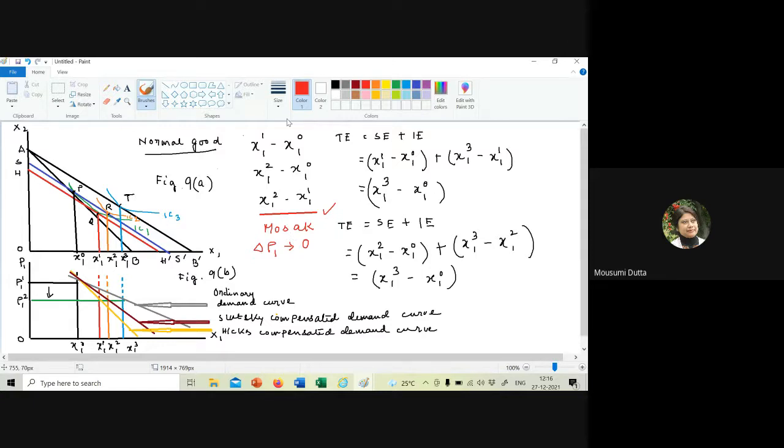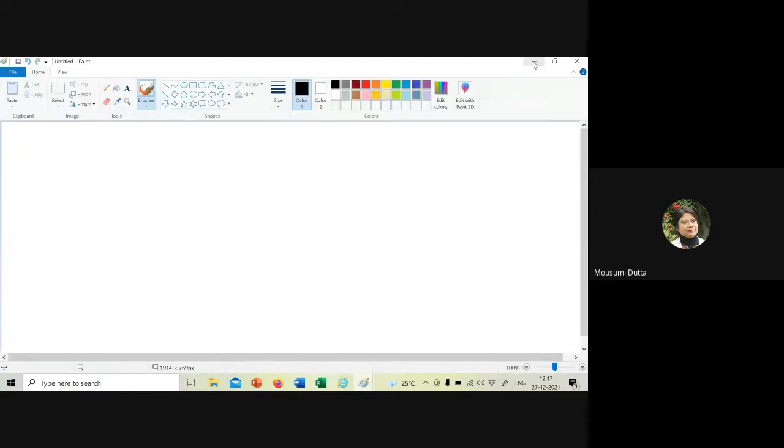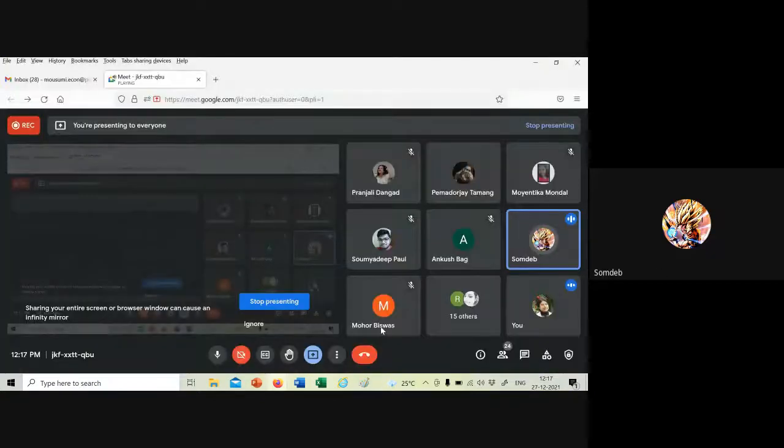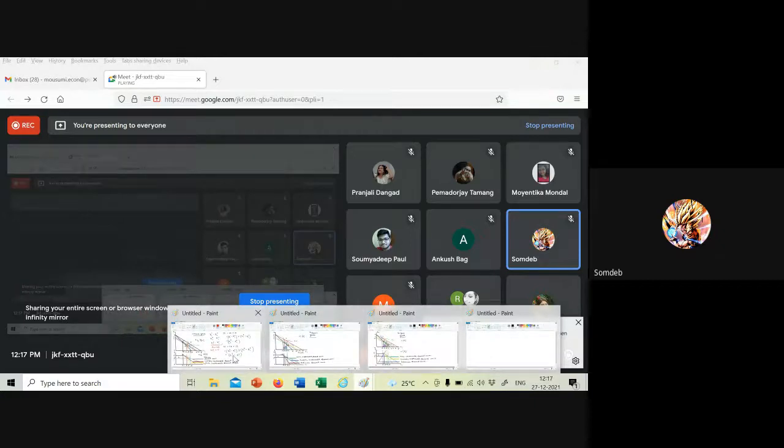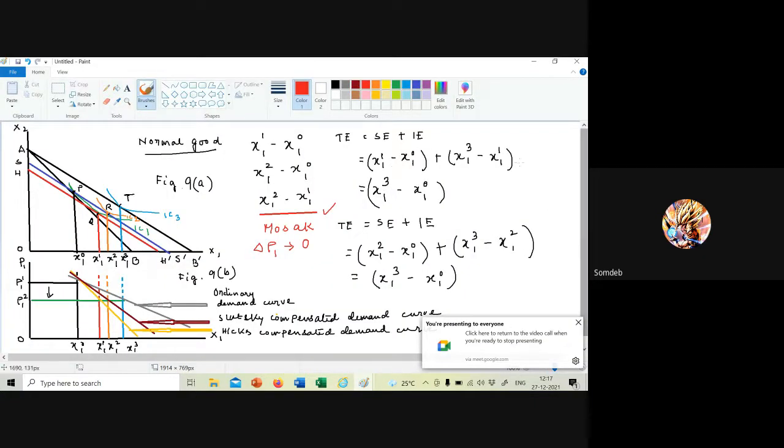Two income effects are done, and you have to write two substitution effects, that is x11 minus x1 naught and x12 minus x1 naught.